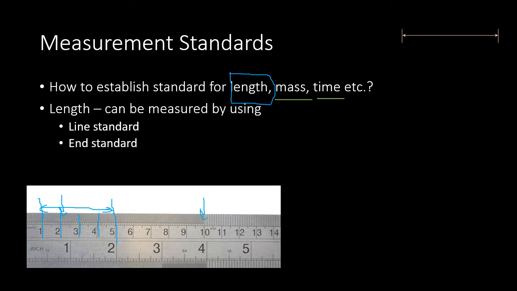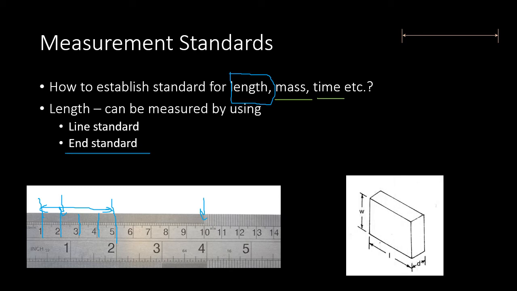Another way of measuring length is the end standard. So what is end standard? If you have a cube or a rectangular block just like shown in this figure, and I want to measure this distance L, let's say this is an unknown distance, then according to end standard, this distance is measured as the distance between those two parallel surfaces, one here in the front and one on the back side.